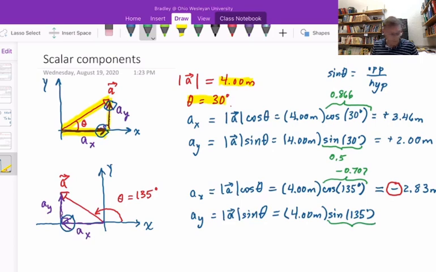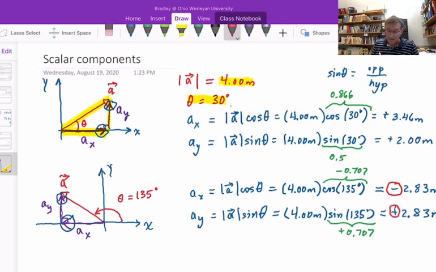And it will say, oh, no problem, positive 0.707. Not negative, positive. You say, okay, thank you. 0.707 times 4 meters gives me positive 2.83 meters. That's consistent with the arrowhead on A y pointing in the plus y direction. And that plus sign for AY is very important.